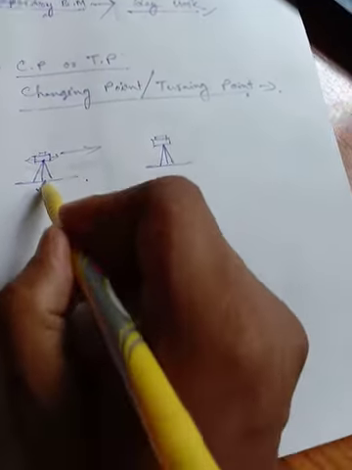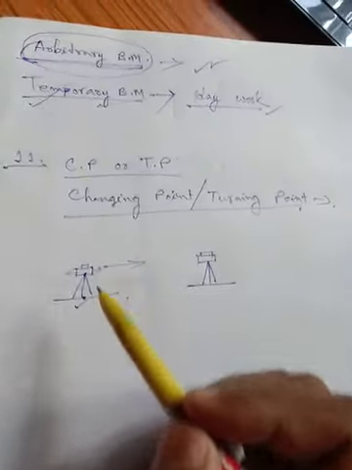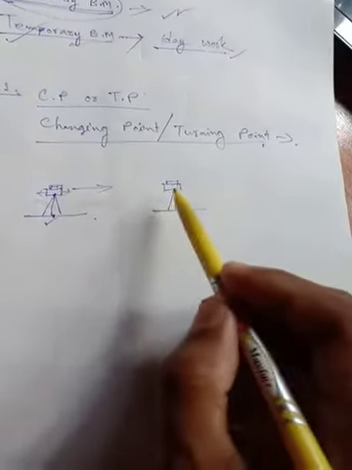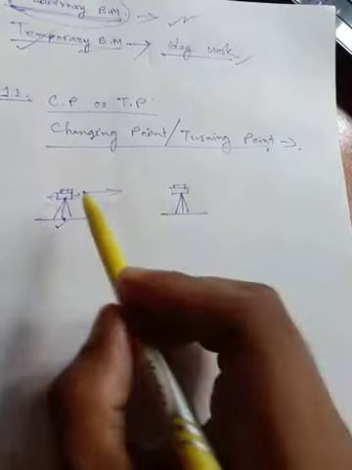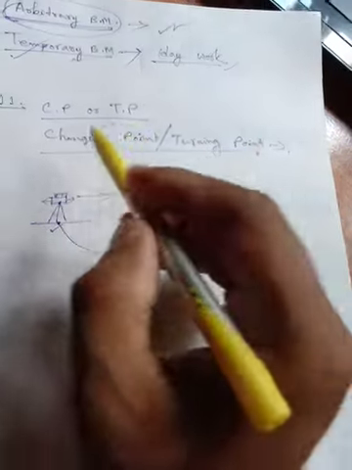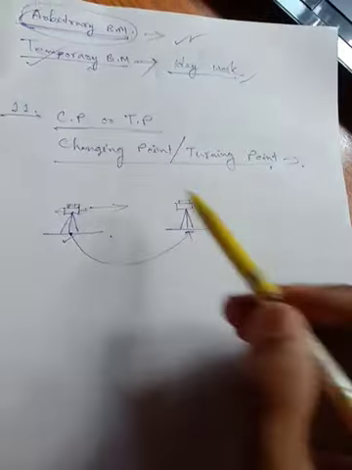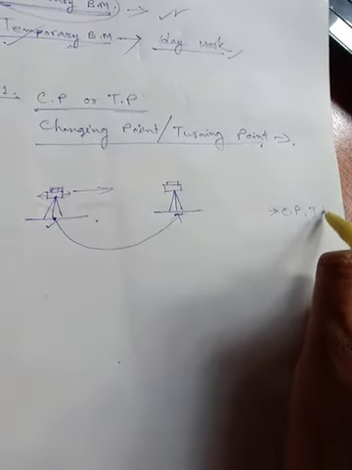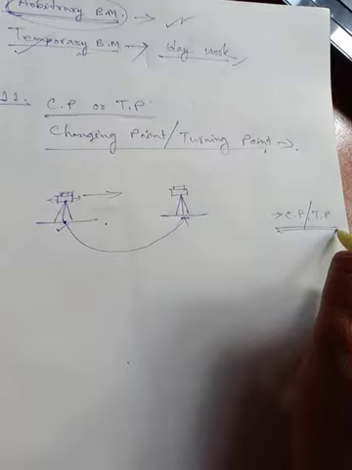In filling up your leveling table, the readings are taken when the location of the station is changed from one point to another point. The CP or TP, that is the changing point or turning point, is to be written.